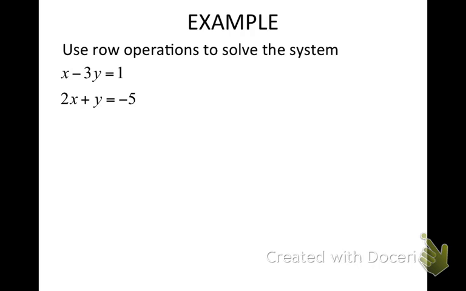We've got x minus 3y equals 1, 2x plus y equals negative 5. So we want to write that as an augmented matrix. All right, so I get 1, negative 3, bar 1, 2, 1, negative 5.